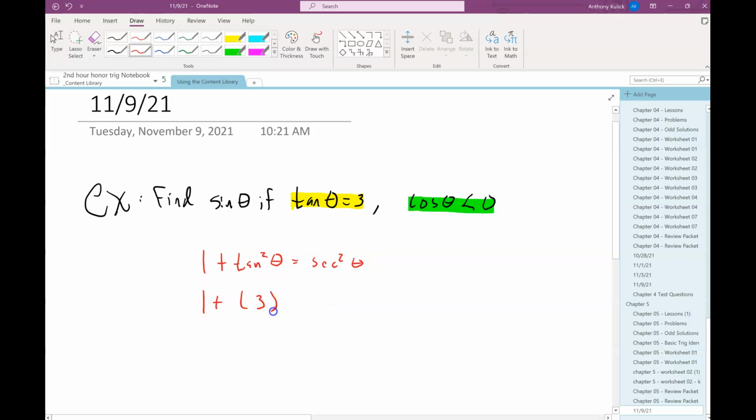Since tangent theta is equal to 3, I can plug that in. If I combine like terms and square root both sides, I get that plus or minus the square root of 10 is equal to secant theta.